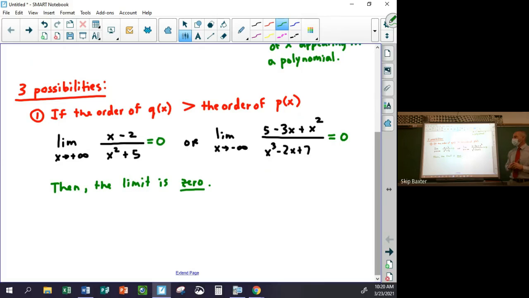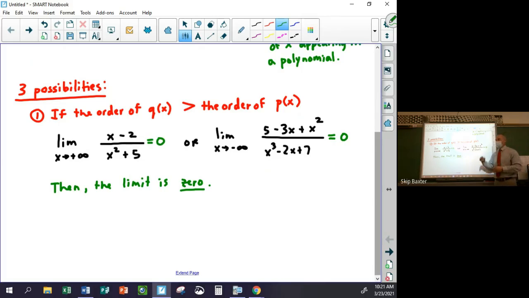If you think about it intuitively, you basically have a bottom of a fraction that's growing faster than the top, right? If you substitute in a really large number here, like 1,000,000, you have 1,000,000 on top, that's a big number, but then you have 1,000,000 squared on the bottom, which is a much larger number. And the bigger the number you substitute in, the bigger the difference is between those two numbers.